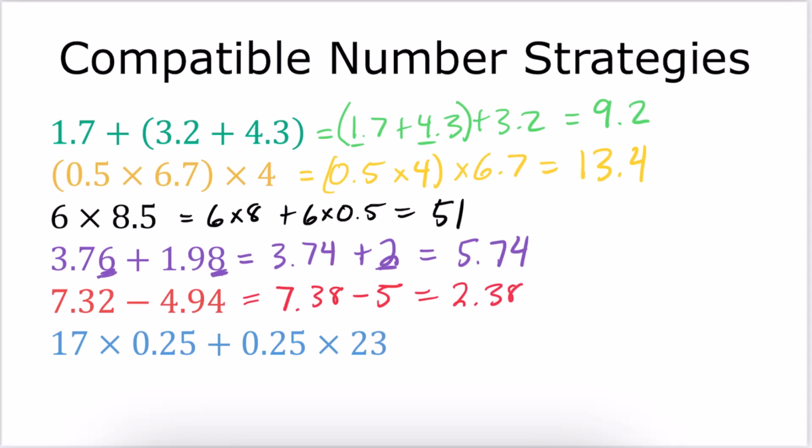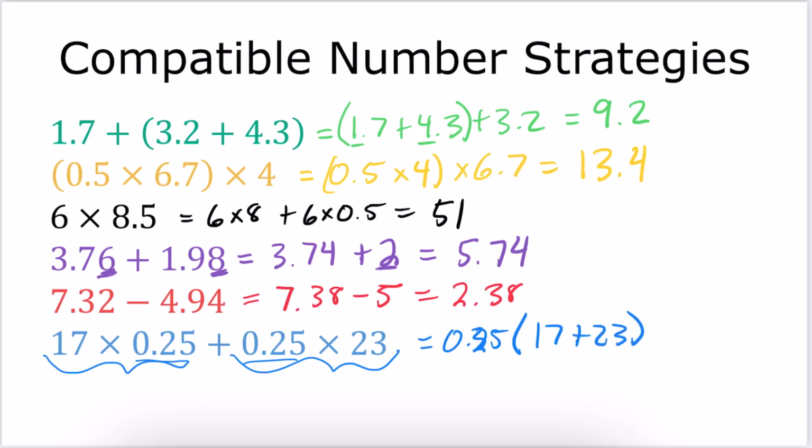And then on this last one, this one is basically using the distributive property in reverse, because order of operations tells us that we should do the multiplication first if we were just simply solving it with order of operations. However, because both of these numbers are multiplied by 25 hundredths or 1/4, I could think about this as being 25 hundredths times 17 plus 23.